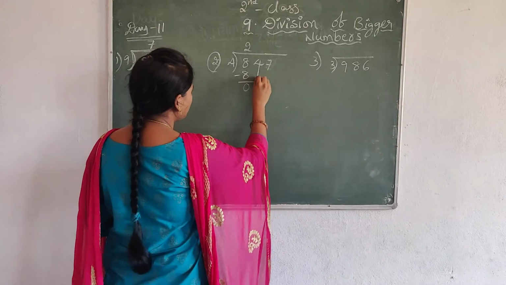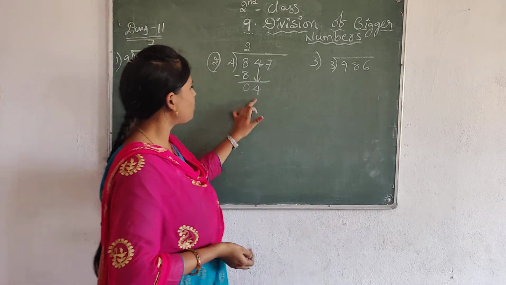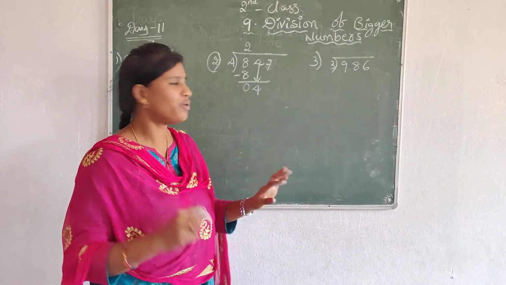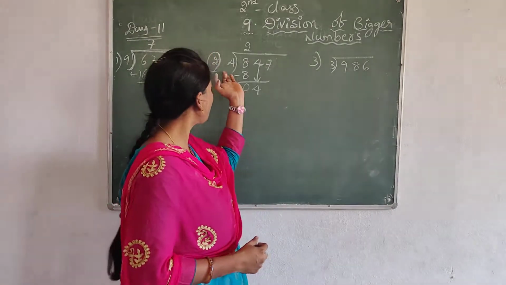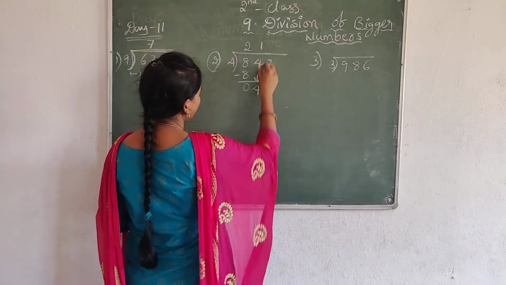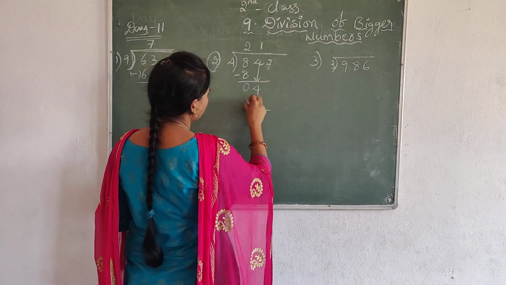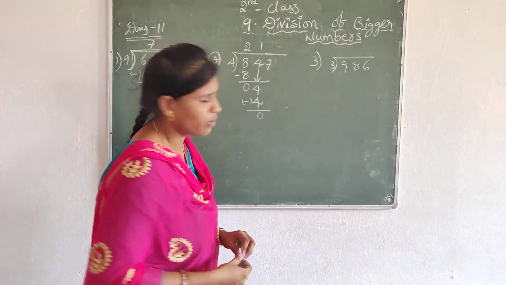Next, take another number, that is 4. See here, these two are the same numbers. So we don't need to take another number because the two are the same. So this 4 is cancelled with this 4. How many times? 1 time. 1 and 4. Subtract these two numbers. 4 minus 4 is again 0.